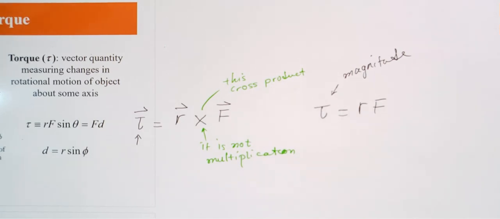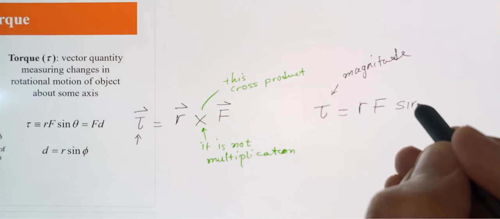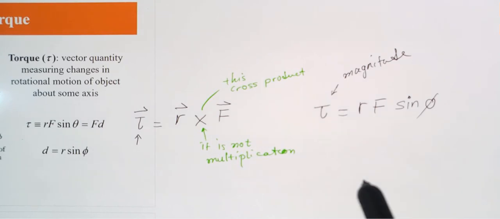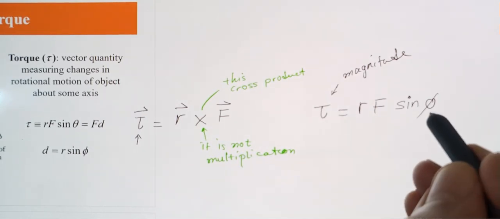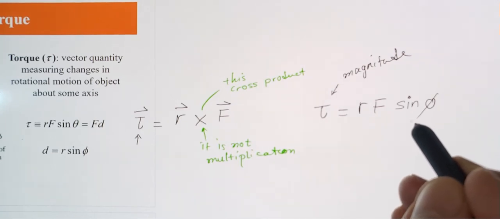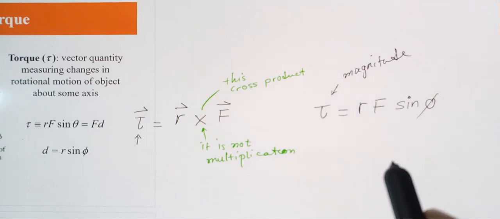The cross product is over, because we are now talking about the value, the magnitude of that vector, and then we multiply by the sine of phi in the drawing here. Phi is the angle between the vector F and the vector R. That is phi.